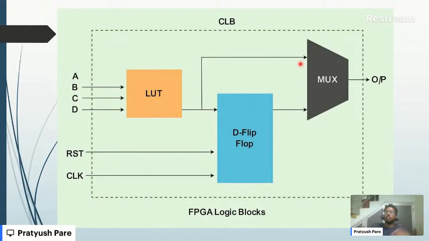Let's say you gave something as an input here, and in multiple clock cycles you wanted to use the output of this single value, then the D flip-flop comes into the picture. In the first clock cycle you can get data through the LUT, but in the next clock cycle you won't get any input, yet you still need that output. So the D flip-flop stores it and gives it as an output. Is it clear?